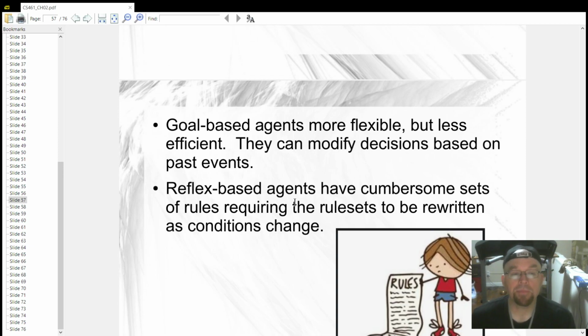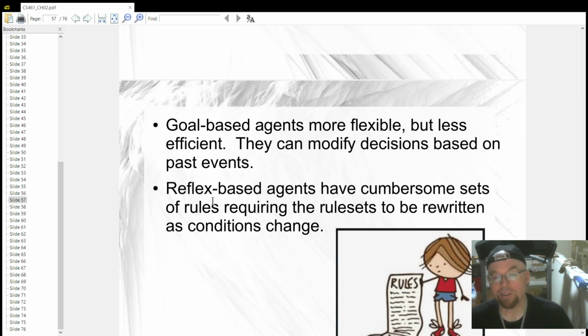Less efficient. Less efficient because you can imagine that if it's not algorithmic, if it's not instinctual, if it's not just A, B, there's more going on. There's more work that has to be done. And the nice thing, a pro about them, to that con that they're less efficient because there's more work that goes into reasoning, is that they can learn from past events that they went through to modify their decisions in the future.